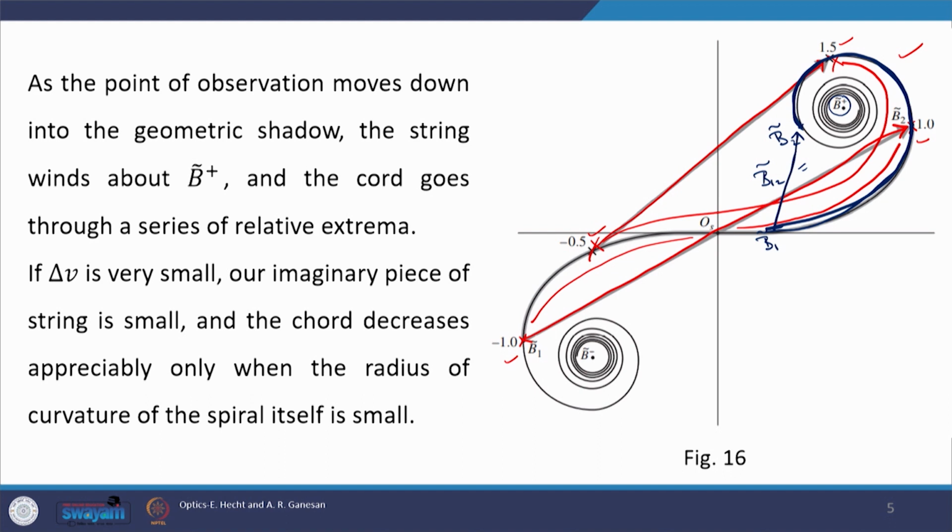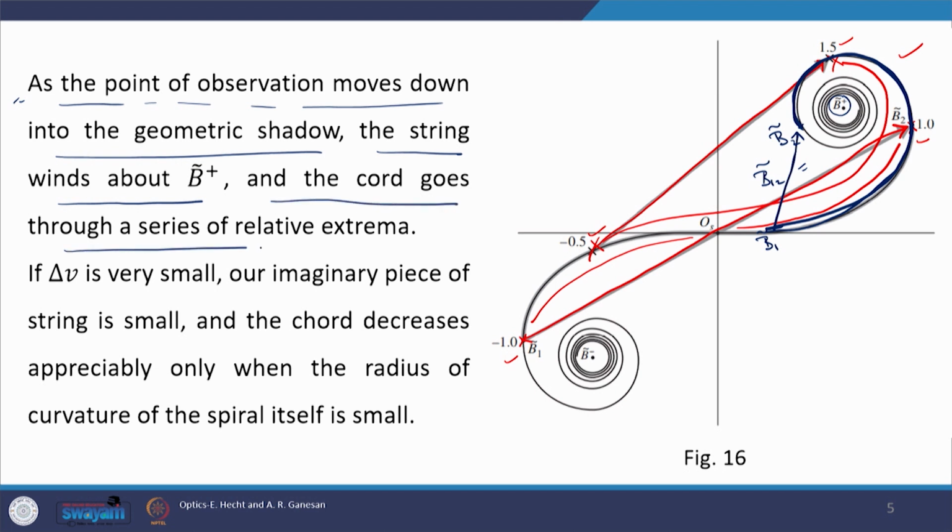Okay. Now, this is what is also written: as the point of observation moves down into the geometric shadow, the string winds about B tilde positive, and the chord goes through a series of relative extrema, and this is what I said. Sometimes it will see maximum, sometimes minimum, sometimes maximum, sometimes minimum, but it will decay down.